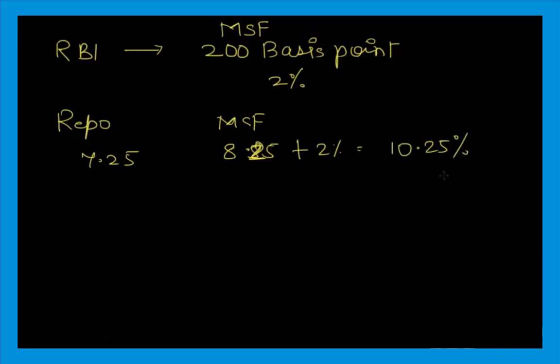They also said that under the repo window, banks can borrow a maximum of 1% of their NDTL.